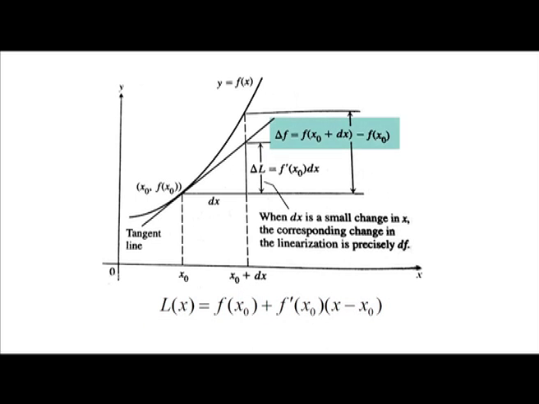The change in f is delta f is equal to f of x naught plus dx minus f of x naught.